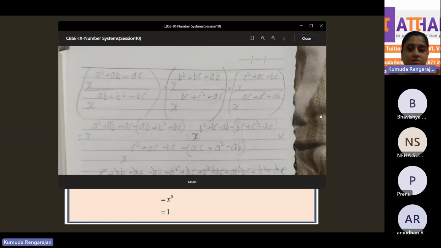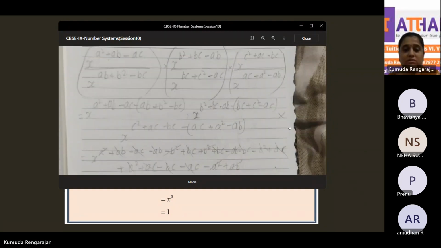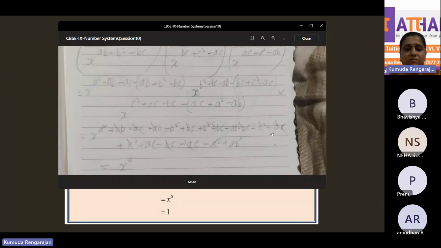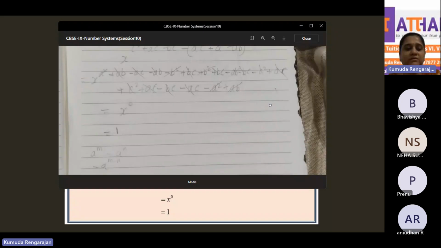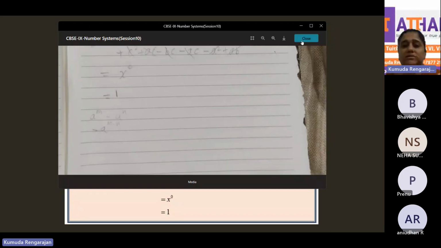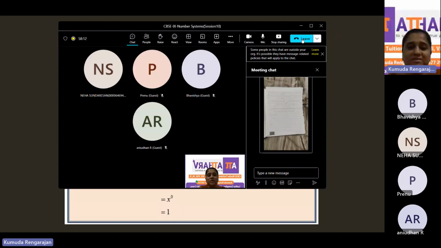Very good. C square plus AC minus AB minus BC, AC. Correct. Then you have subtracted the powers. Very good, Neha. Thank you. Yes, it is right.